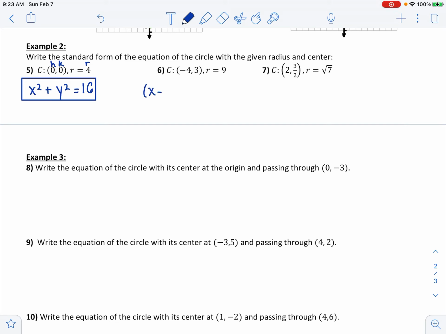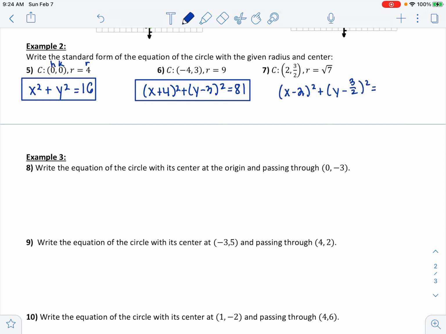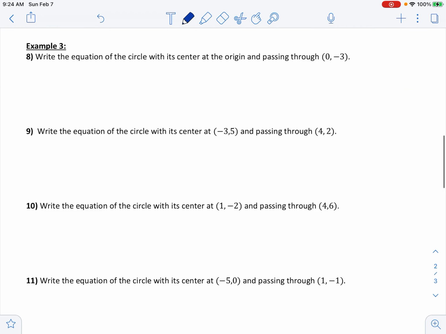Next one, x minus a negative 4, so plus 4 squared, plus y minus 3 squared equals 9 squared, which is 81. Next one, x minus 2 squared plus y minus 3 halves squared equals root 7 squared, which is 7. Right, not too bad. Actually, super easy.